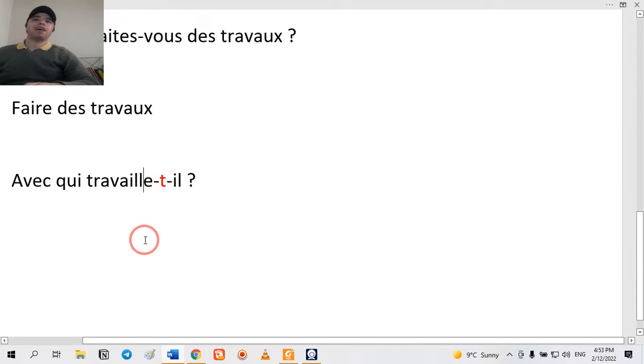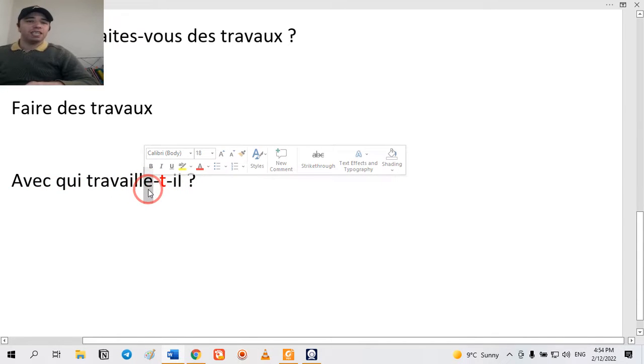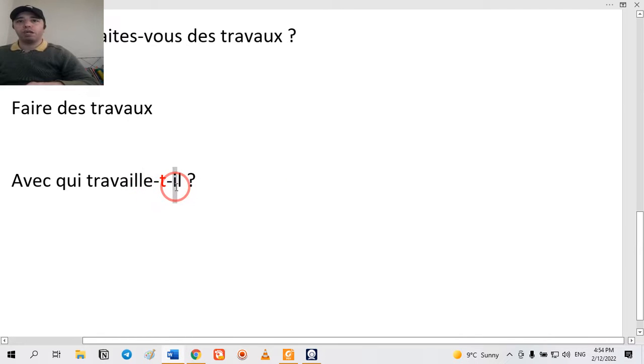So instead of avec qui travaille-il, this is difficult, you must put a T between them to make the pronunciation easier. So avec qui travaille-t-il? Whenever your verb ends in a vowel and your subject pronoun also starts with a vowel, you must put this T in order to make the pronunciation easier.